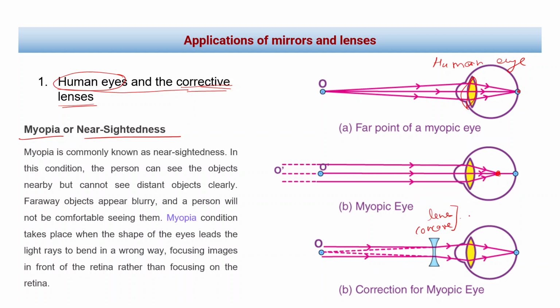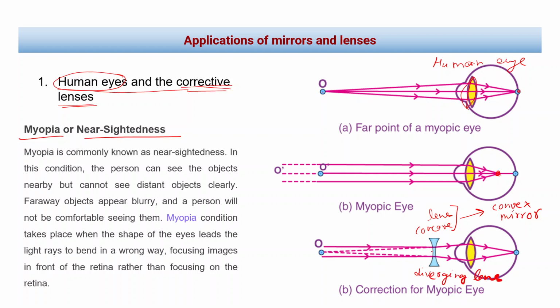Please remember, concave lens follows all the properties of a convex mirror, that is, all the images formed are virtual, erect. Since these concave lenses are diverging in nature, we also call concave lens as diverging lens.